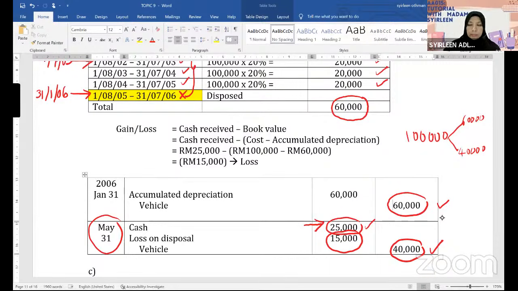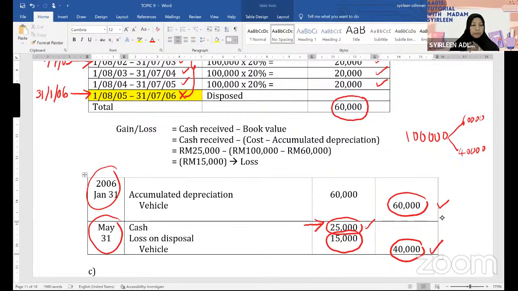Selalunya kita akan tutup serentak dan terus boleh kira gain ataupun loss. But this time around, because you need to wait for the compensation money, tapi you need to close the control for the asset on the day of the accident. So kita buat dua catatan berbeza. So that's for the asset. Ini untuk disposal ya.